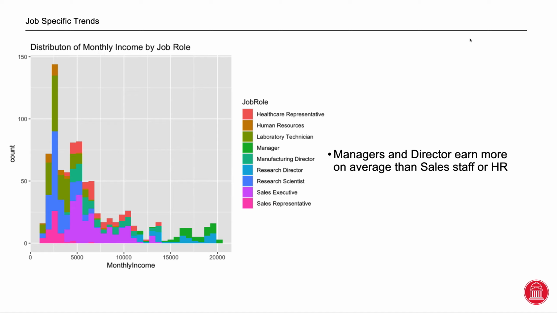In terms of monthly income, we're curious if we see any differences specifically among sales representatives, and we just saw a couple slides ago that they had higher attrition. Here, monthly income is obviously left skewed, and it seems that the managers and directors make up most of the higher income.